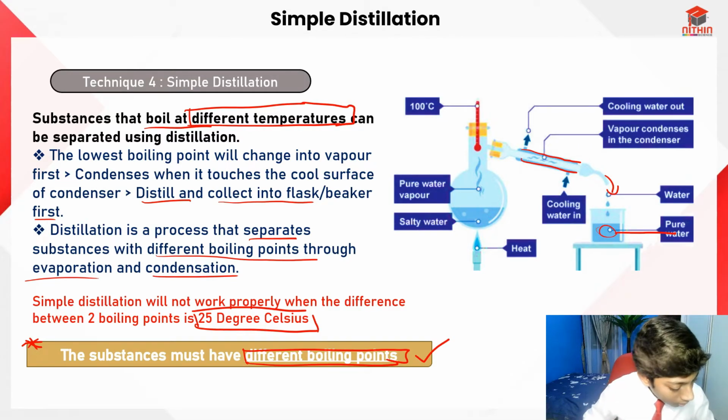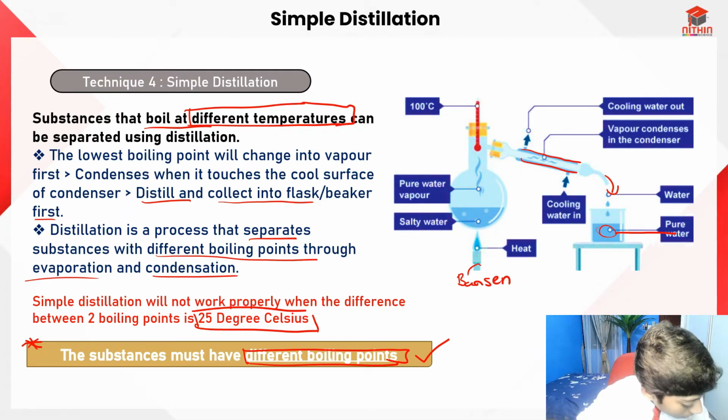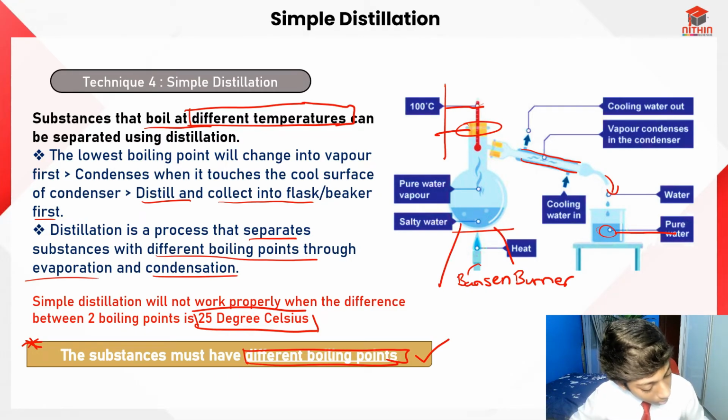Here we have the Bunsen burner. There will be a retort stand holding the thermometer and the conical flask, and if there's no retort stand, there will be a tripod stand with the wire gauze holding the conical flask in place.